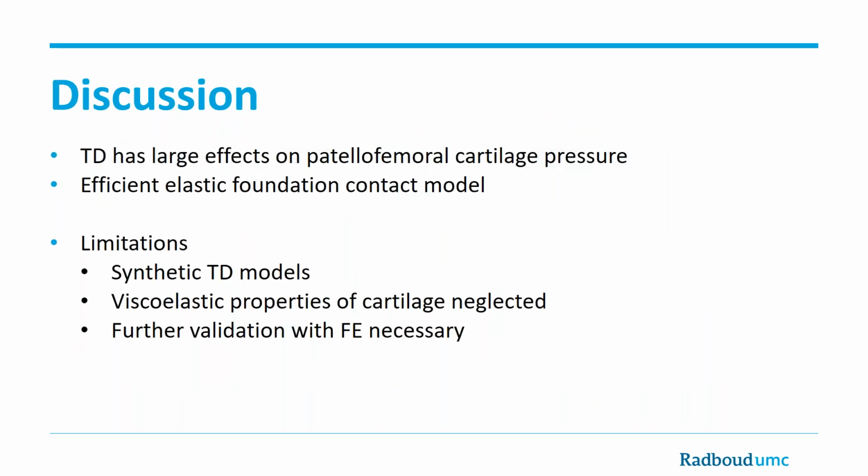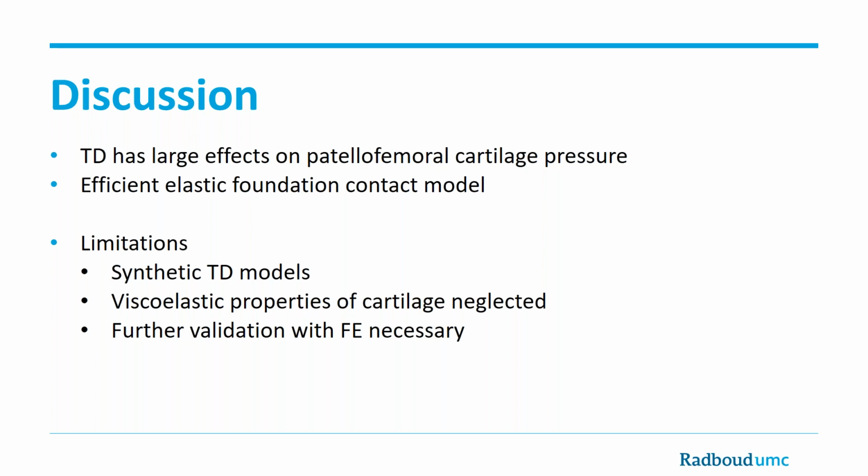So to sum up, we saw from these preliminary results that trochlear dysplasia had a large effect on patellofemoral cartilage pressure. We could identify two types of dysplasia that most influence these results.